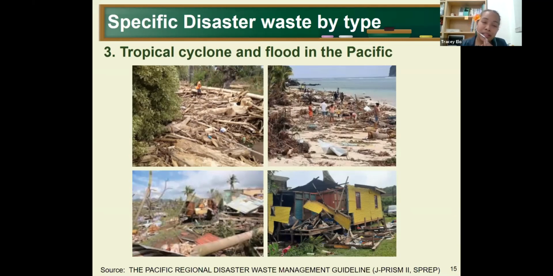So during disasters, most of the waste seen is green waste that ends up in the ocean, especially during flood and coastal erosion. Also, I believe these are all effects of climate change and sea level rise, which is the biggest factor now.